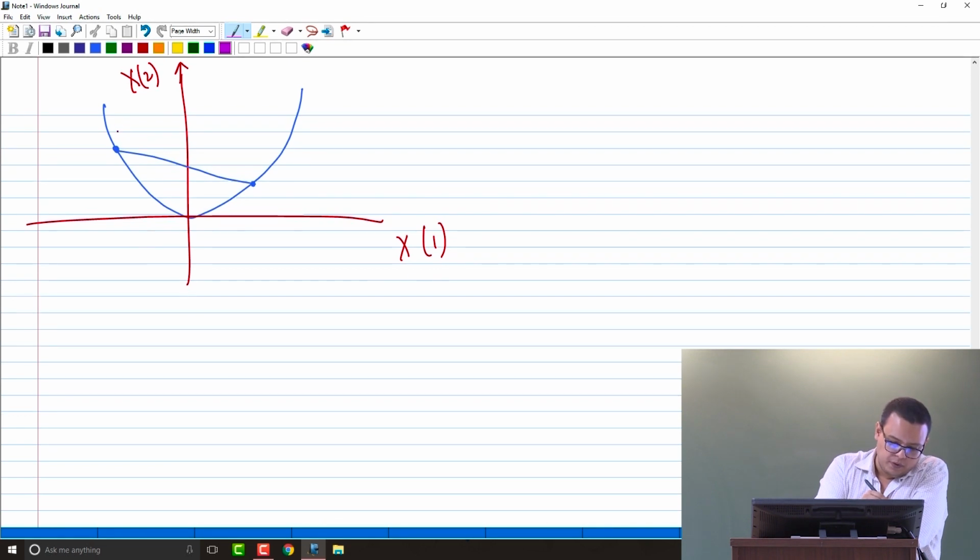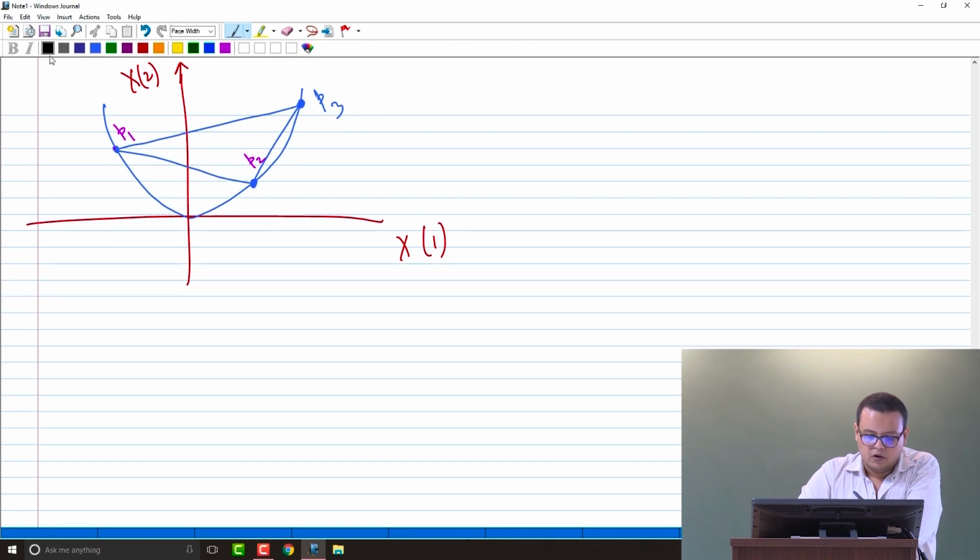I have taken 2 points, P1, P2 on the quadratic. What will be their lower envelope? Let's take one more point, P3. So the convex hull is basically this, and the corresponding lower hull is this.